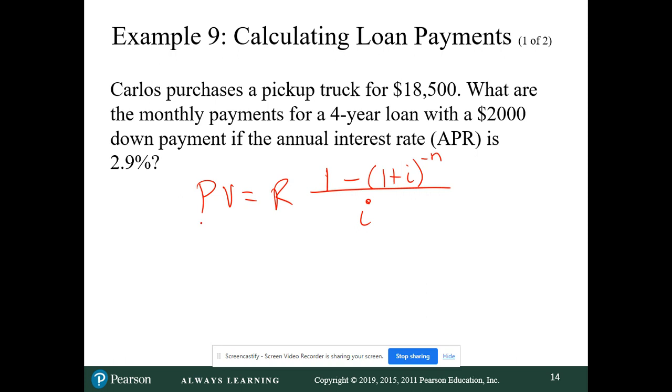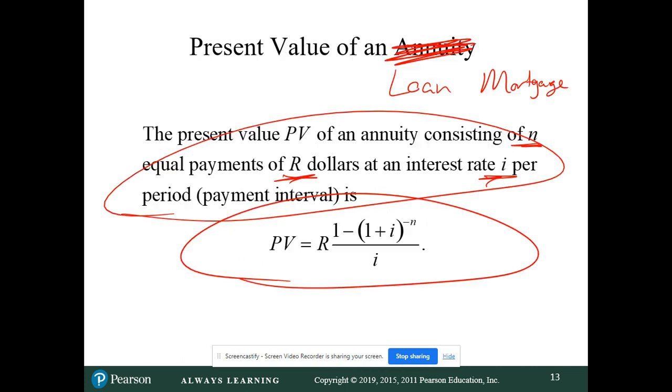So the present value, if he purchases it for $18,500 and he puts $2,000 down payment on it, is $16,500. We're trying to figure out what R is. R times 1 minus (1 plus 0.029 divided by 12) to the negative number of equal payments.